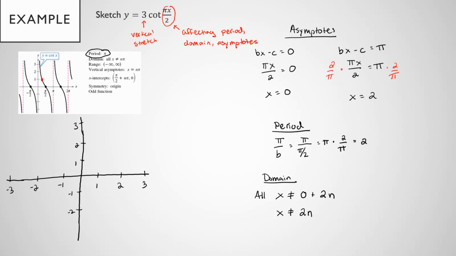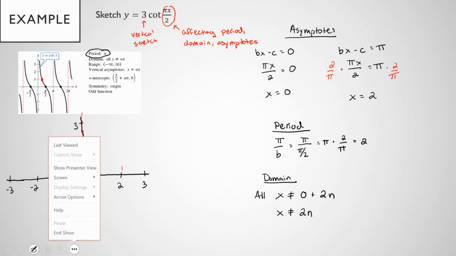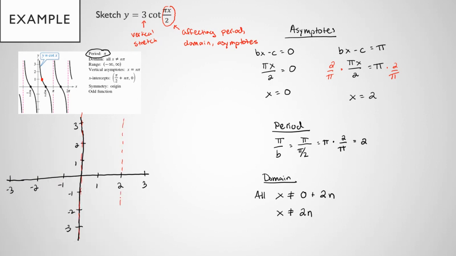I'm really bad at making these drawn at least approximately to scale. So I'm just counting by ones, and I'm going to start with my asymptotes. I know I have one at 0, so I'm going to draw that in, and again at 2. And then, because it's a difference of 2, I also have one at -2.